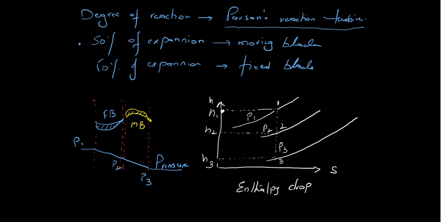The moving blade is here, right? H2 minus H3. That is the reason we have mentioned it. From where to where has the stage been initiated? H1 and ended at a point H3, right? And this is the reason why we have chosen H1 minus H3. Is this clear? Now we will try to derive the expressions in the next class. Okay, thank you.